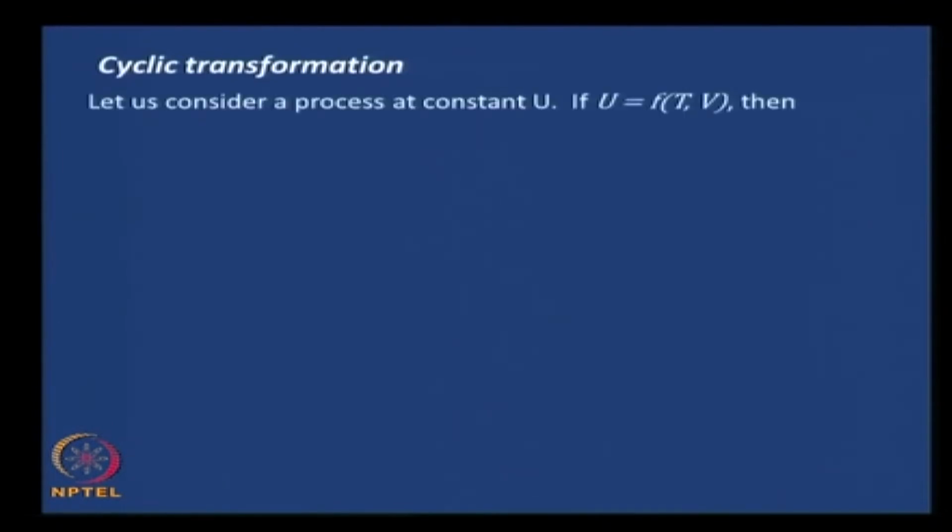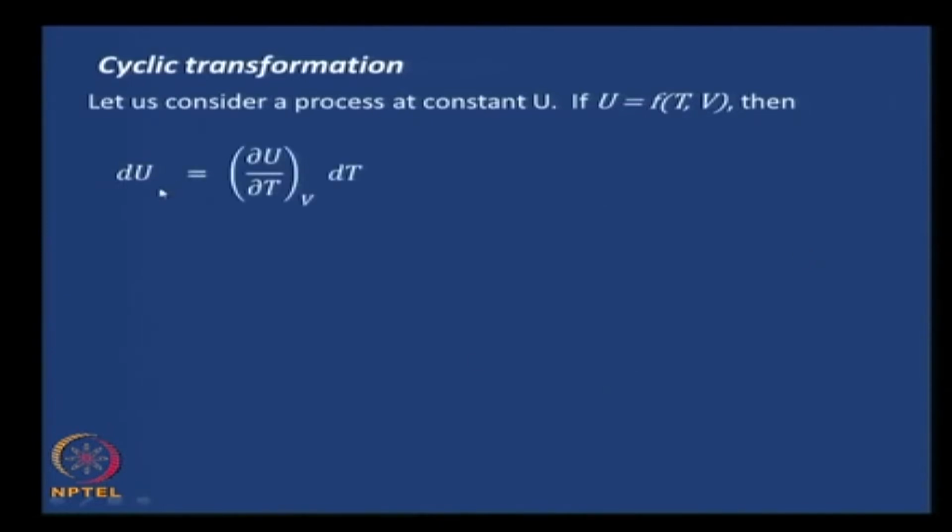The next mathematical manipulation that we are going to look at, which will again turn out to be very useful, is called cyclic transformation. To get an idea of what cyclic transformation is, let us consider a process at constant internal energy, and if we write u as a function of t and v, then we are all very familiar with this expansion now.